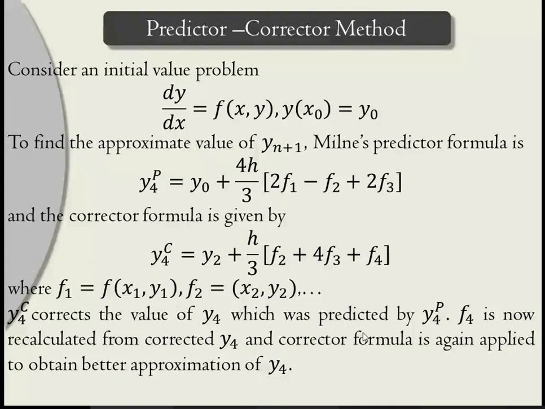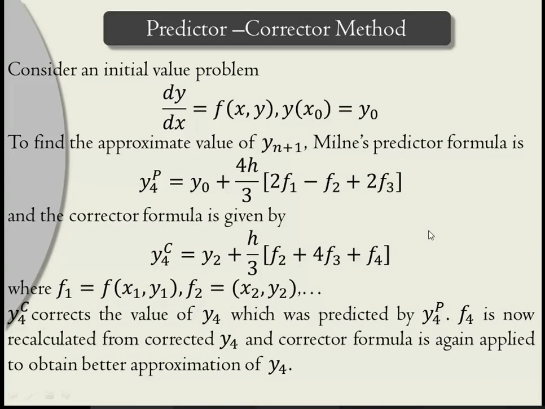So this is also an iterative method, like the modified Euler's method. We have to use the corrected formula repeatedly. The predicted formula we use once only, but the corrected formula we have to use repeatedly until the values match.